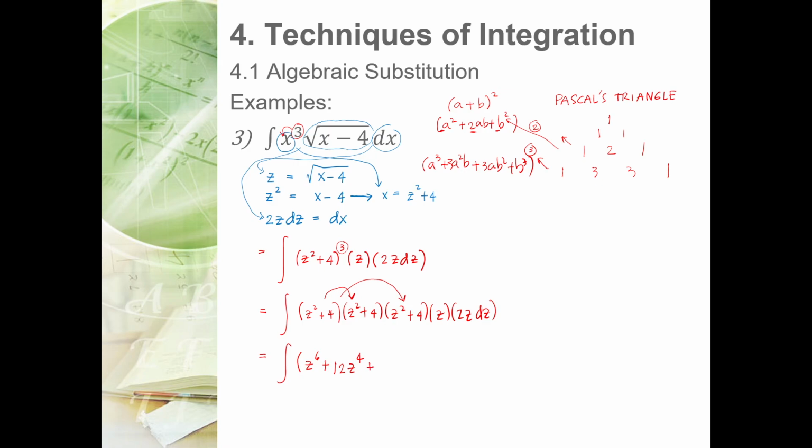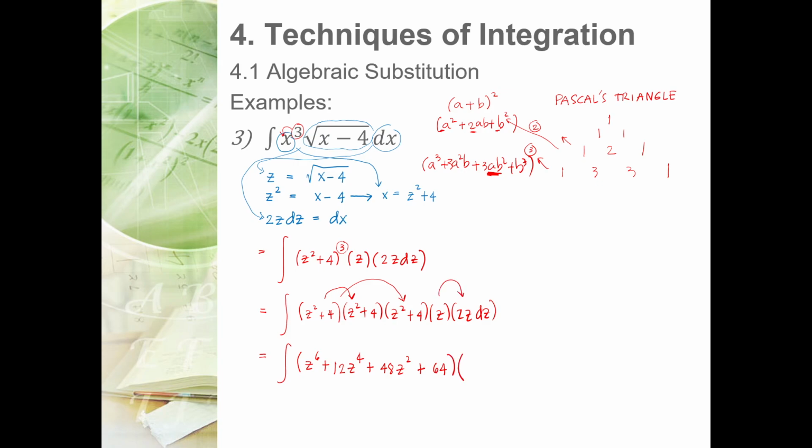Then plus 3ab squared, so 16 times 3, that would be 48 z squared. Then lastly 4 cubed, that would be 64.